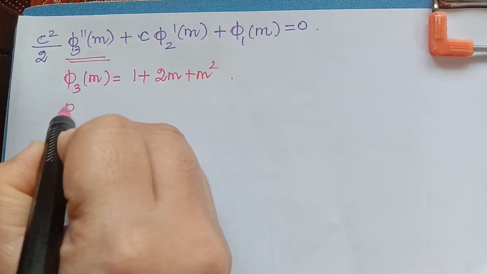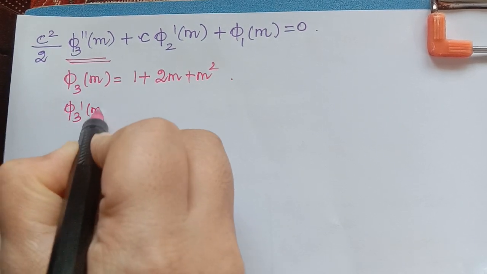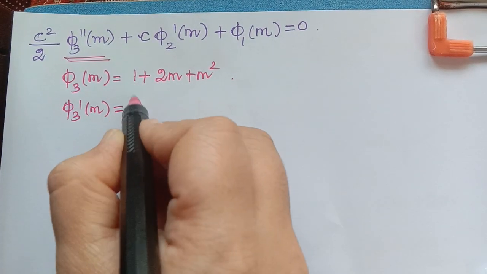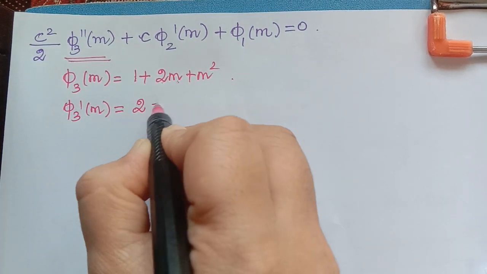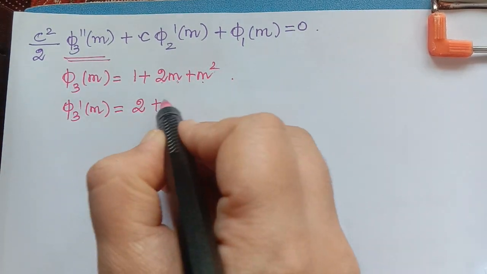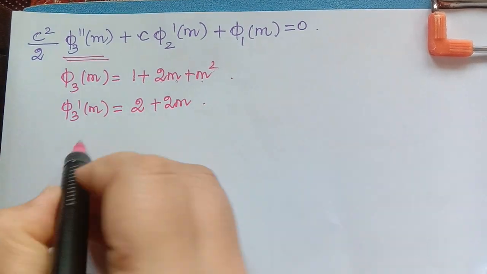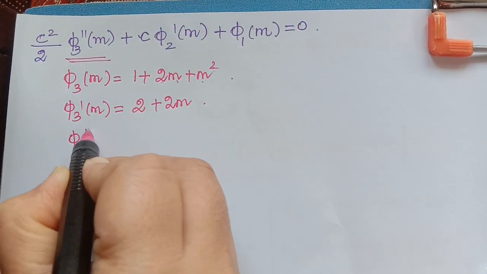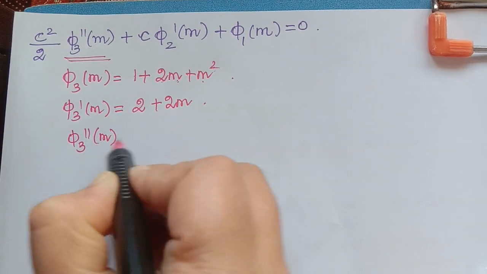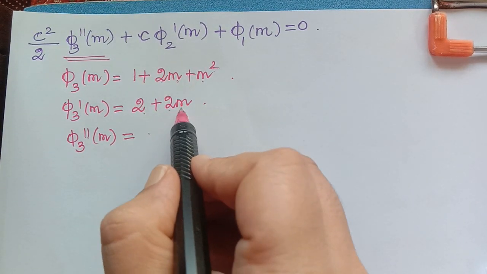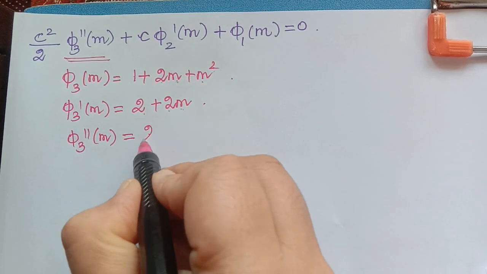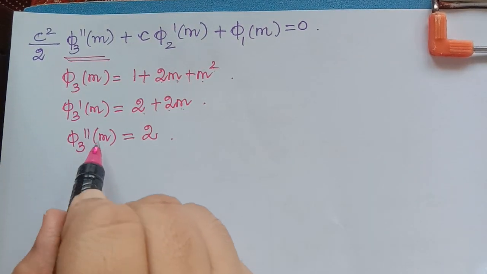So from this we obtain phi 3 dash of m to be equal to, when you differentiate 1 it is 0, when you differentiate 2m it is 2, plus when you differentiate m squared it will be 2m. Then again we have to differentiate this. So phi 3 double dash of m is equal to, when you differentiate 2 it will be 0, when you differentiate 2m it is 2 into 1, so 2. So this is phi 3 double dash of m.